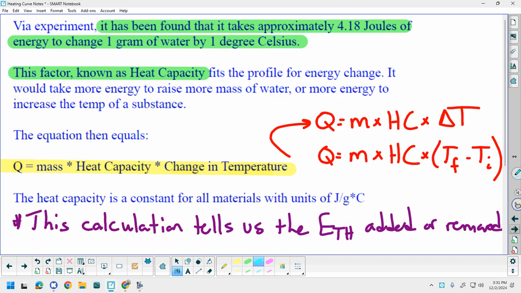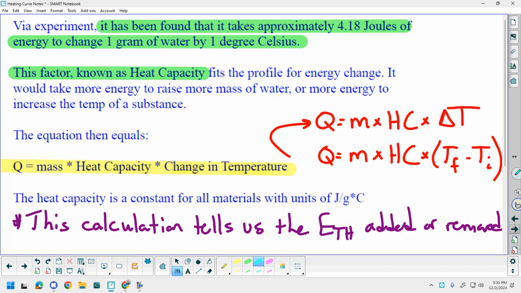With that heat capacity, we can calculate the energy it takes to change the temperature of a substance by the following equation. Q, again, Q equals heat, so the energy transferred. Q equals the mass of the substance that we're working with, times its heat capacity, that factor that determines how much energy it takes to change the temperature by 1 degree Celsius, multiplied by the change in temperature.